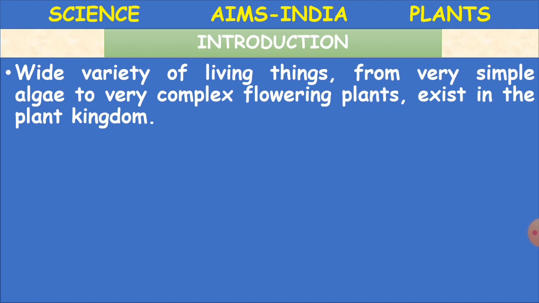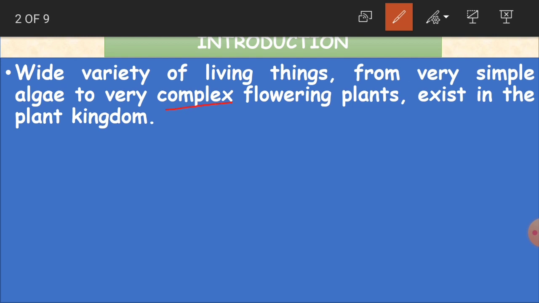They are a wide variety in the sense of so many varieties of living things, from very simple algae, which are such simple plants that some do not have stems, flowers, or fruits, to very complex flowering plants. Complex, in the sense, children, that they have different parts and connectivity.